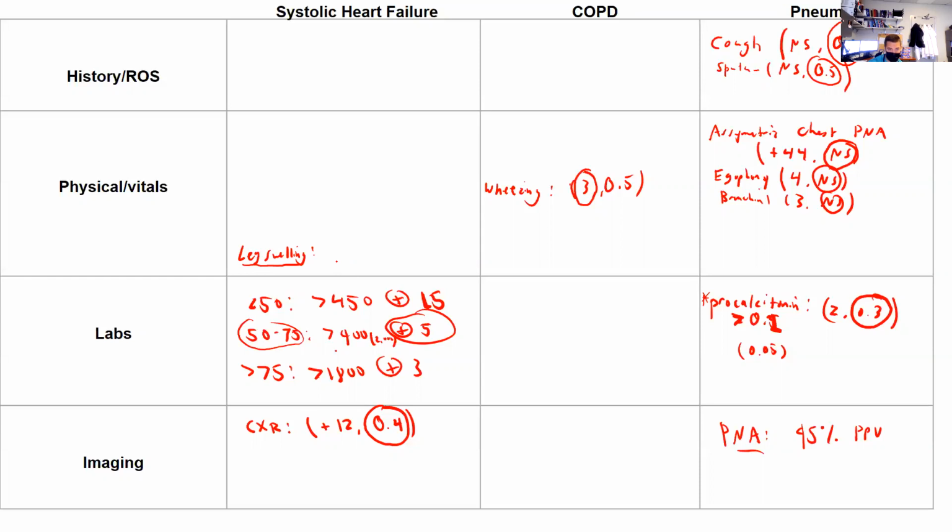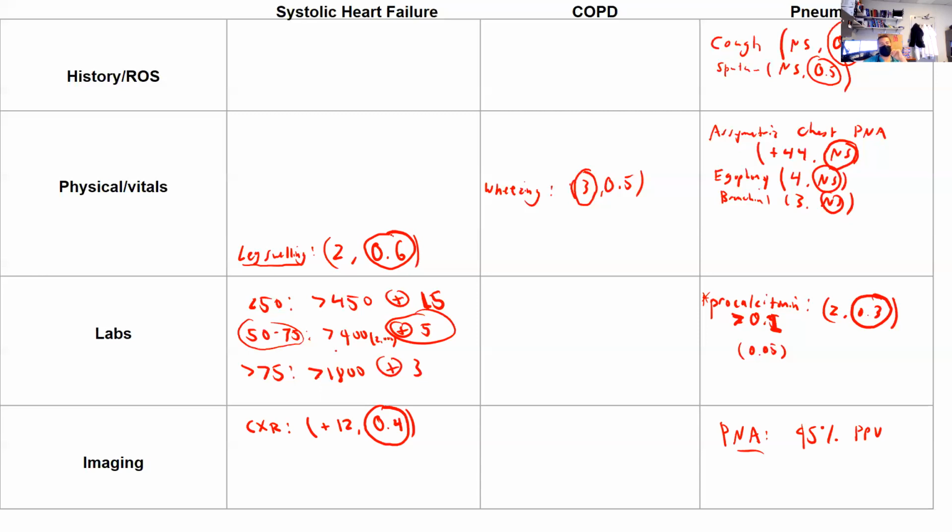You think about things that decrease oncotic pressure, like liver disease, nephrotic syndrome, and even patients just have vascular insufficiency in their legs. So leg swelling has about 2 and 0.6. He did not have any leg swelling, which was not even that good, but it made this a little bit less likely that he had heart failure.